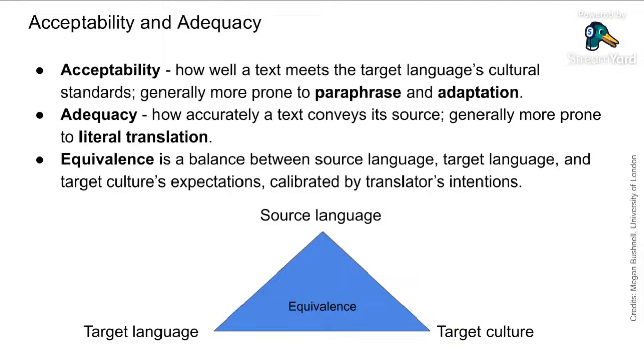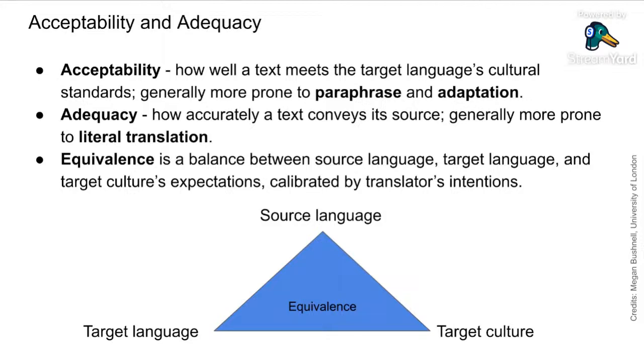And this is generally more towards the idea of paraphrase and adaptation. Adequacy, how accurately a text can convey the language and the cultural importance of the source. And this can be more towards the lines of literal translation. And equivalence is really a balance between all of these things, right? The source language, the target language, but also the culture that the original text is meant to address, and the audience that the original text is meant to address.